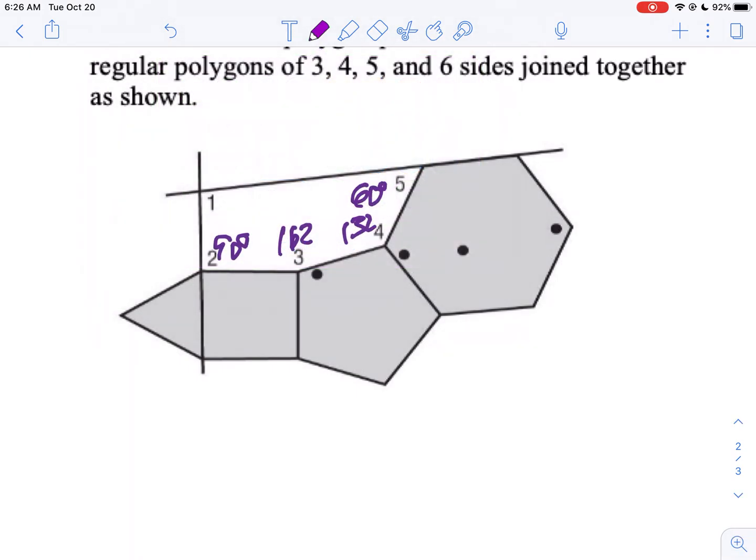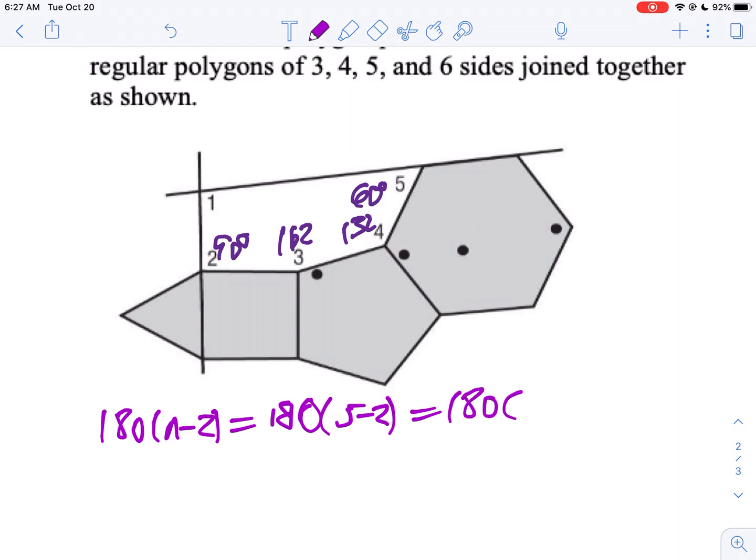So we're going to say the total number of degrees in the pentagon is going to be 180 times n minus 2, but n is 5. So 180 times 5 minus 2, that's 180 times 3.